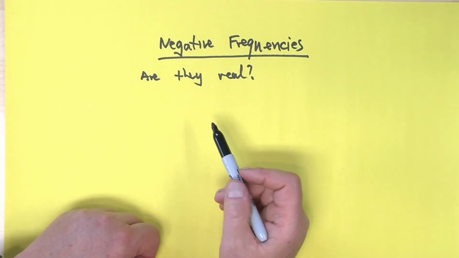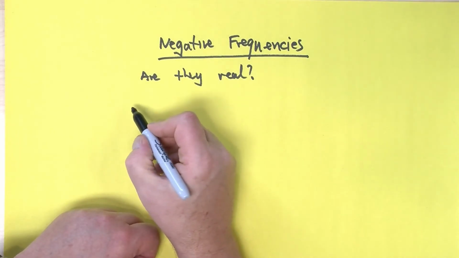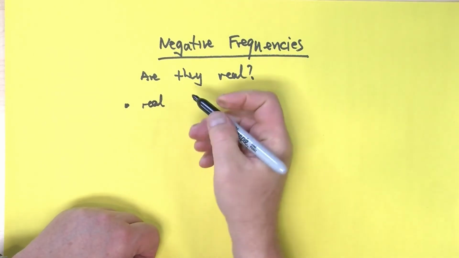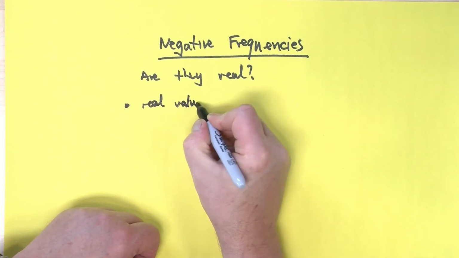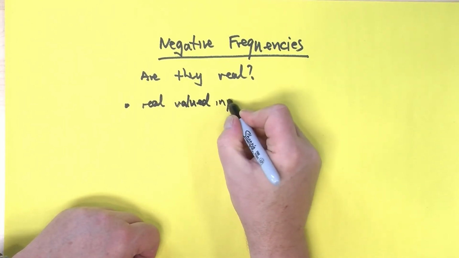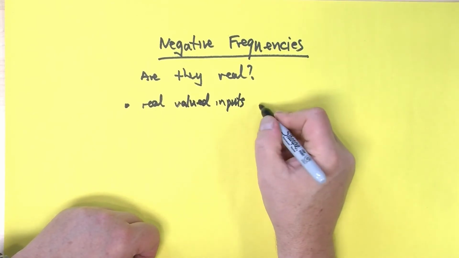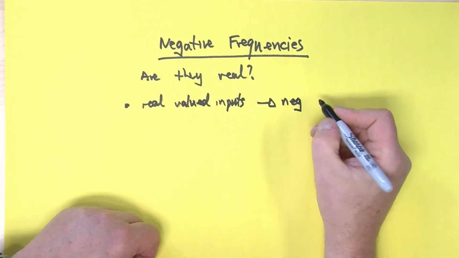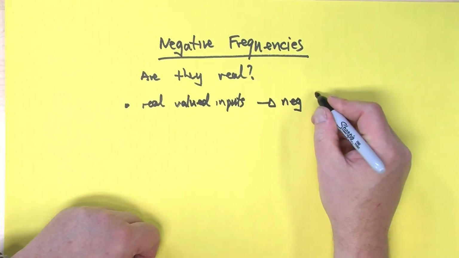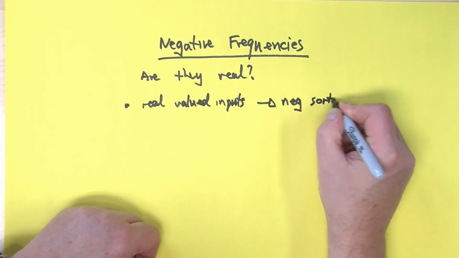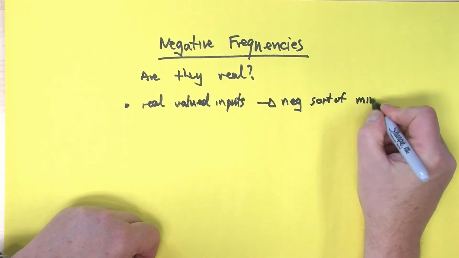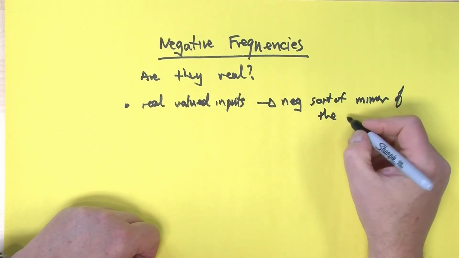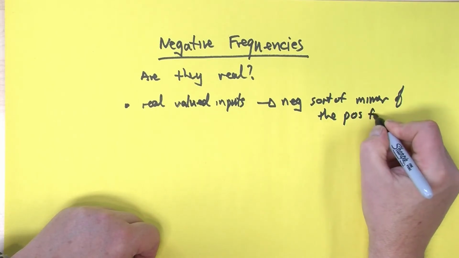in a sense they are, and in a sense they aren't. If we just have real valued inputs, the negative frequency results are, well, sort of like a mirror of the positive frequencies.